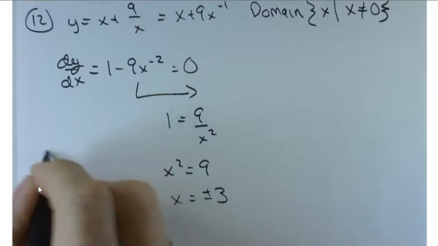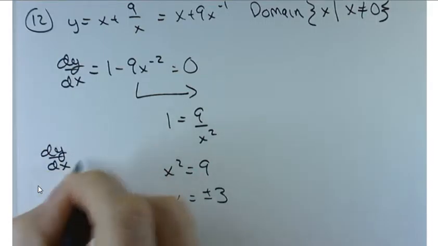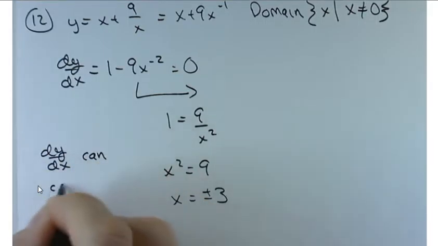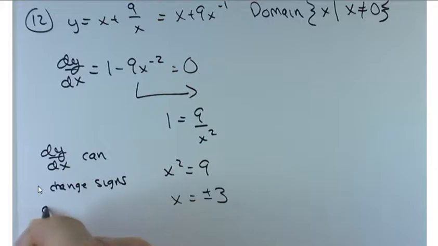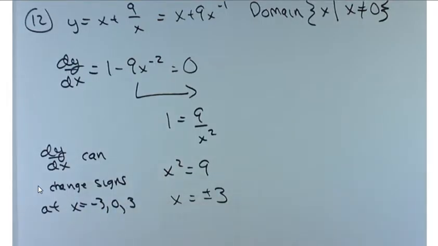So dy by dx can change signs at x equal negative 3, 0, and 3. So we have to test the derivative at those 3 points, or actually in between all those 3 points.